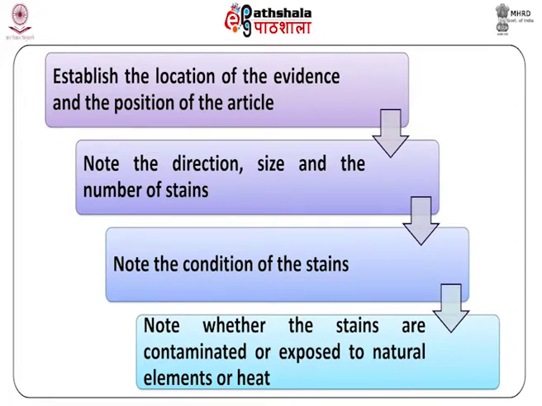Note the direction, size and the number of stains. Note the condition of the stains, whether they are dry, sticky, wet, crumbling, puckering, contracting or brittle. Note whether the stains are contaminated or exposed to natural elements or heat.